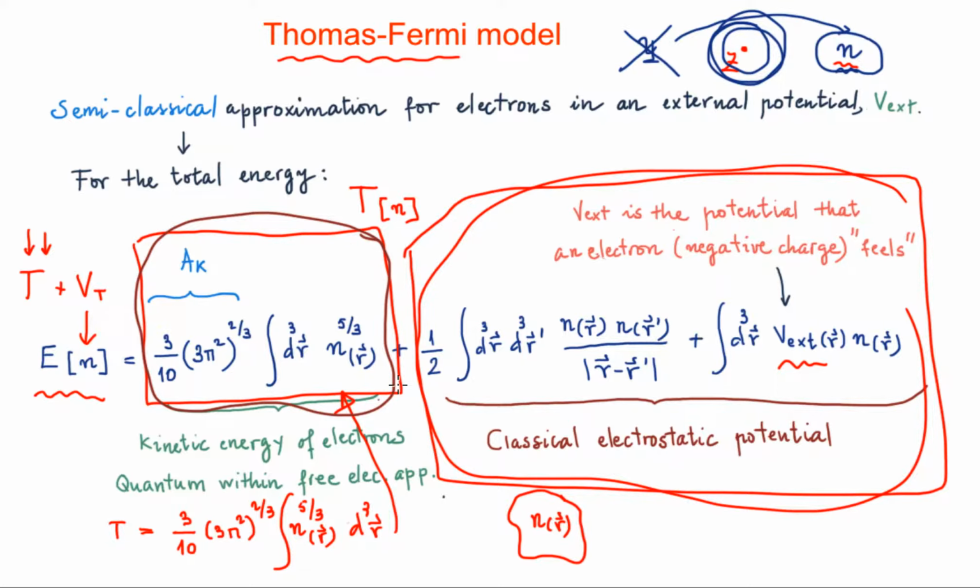So this is a quantum result. So you are combining quantum results and classical results. That's why this Thomas-Fermi approximation is usually called a semi-classical approximation.